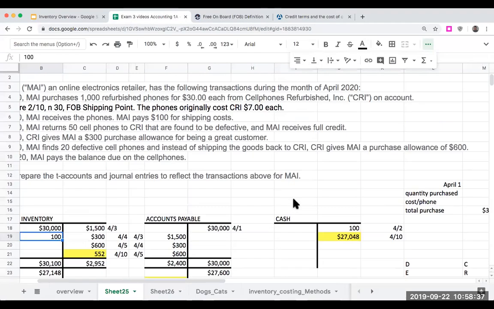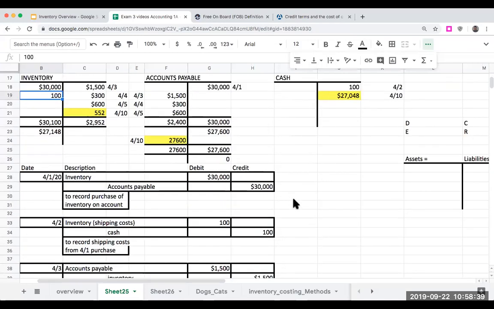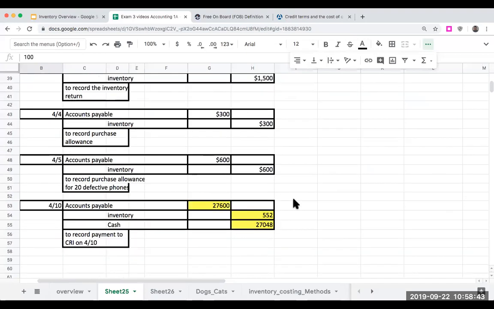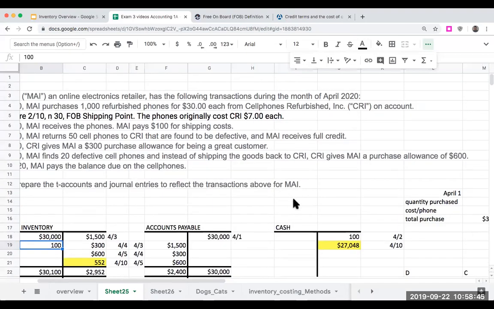So again, from a purchaser's perspective, it's a little bit more simple. When we do this from the seller's perspective, it's going to be a little bit more complicated, because we've got to do two different transactions, and when we have goods coming back, that involves two different T accounts, et cetera.